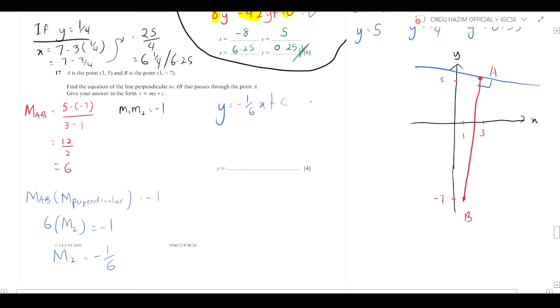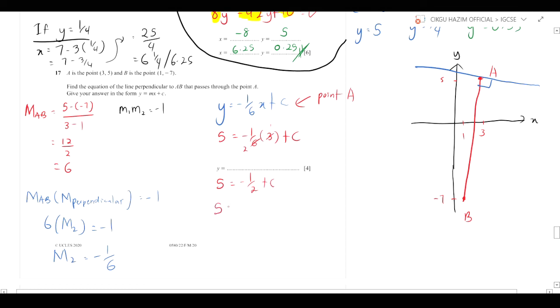Substitute the point that touches the line here, and that point is going to be point A, because it passes through point A. So what is point A? 3 and 5. So the y value is 5 and the x value is 3. Okay, so find the value of c. Simplify 1 becomes 2. So 5 equals -1 over 2 plus c.